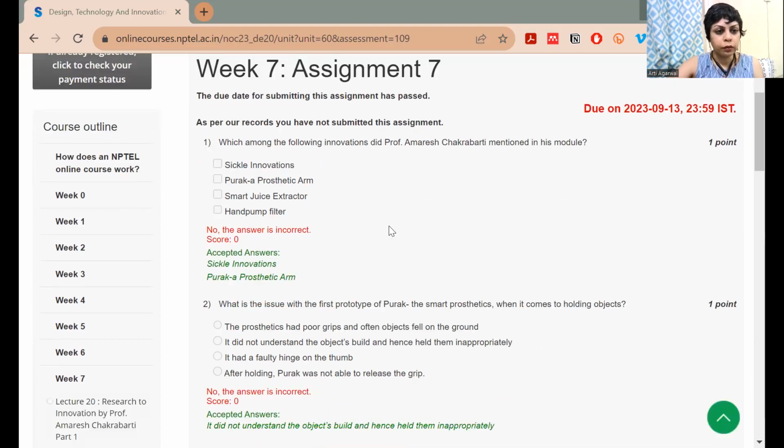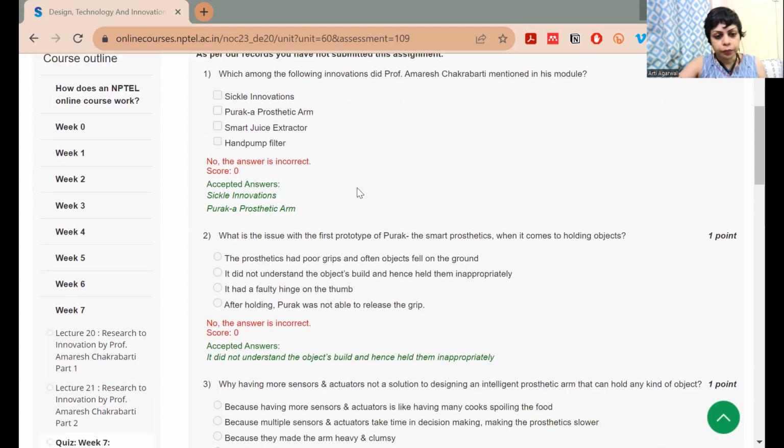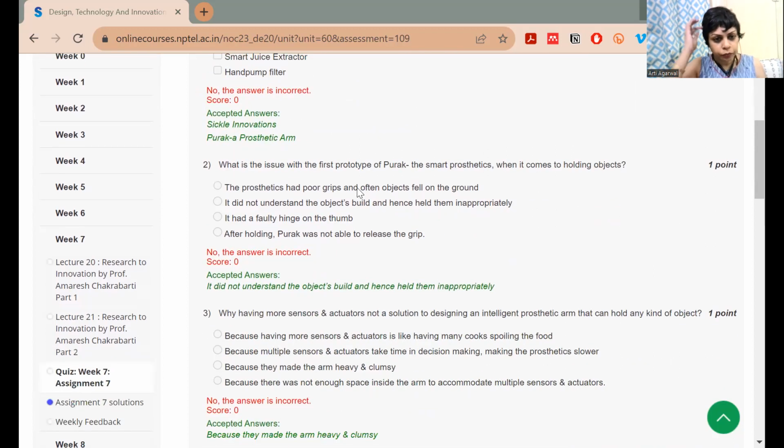He mentioned Purak, which is a prosthetic arm, and he mentioned the sickle innovations, in which he described how they went through the innovation process and everything. So this is just straight right out of the slides. So we can go to the next question.